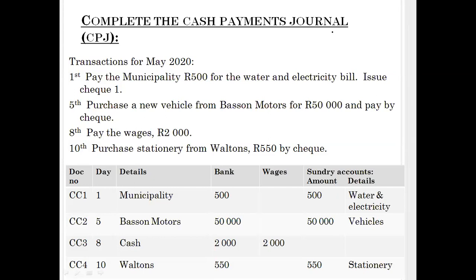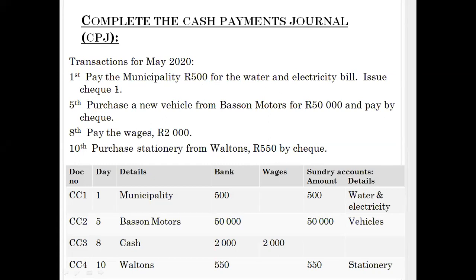So let's take the first transaction on the 1st. Let's read it first. Don't look at how it's going to be entered here. Let's just first read it and see what information they are going to give to you. So on the 1st, pay the municipality 500 Rand for the water and electricity bill.